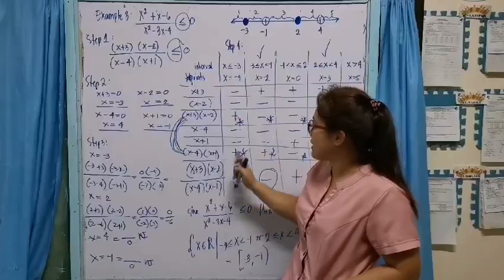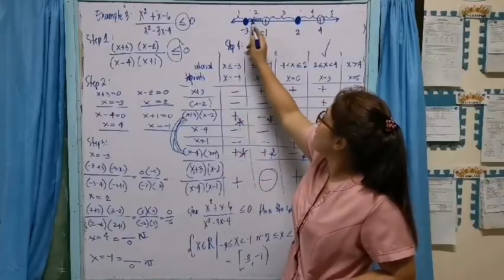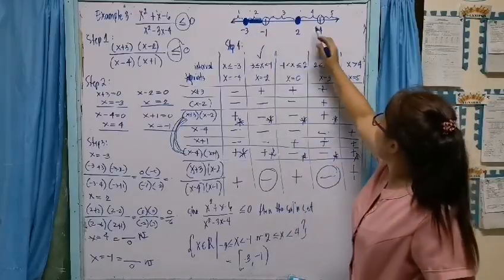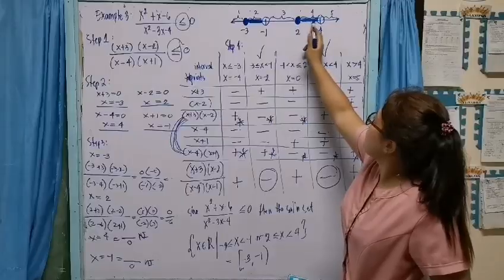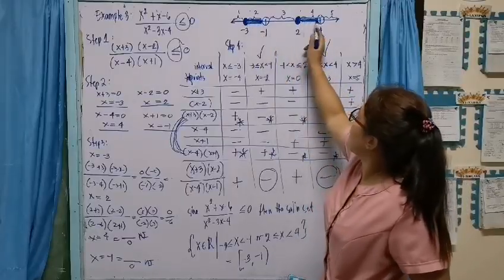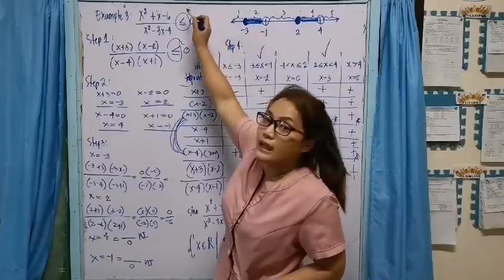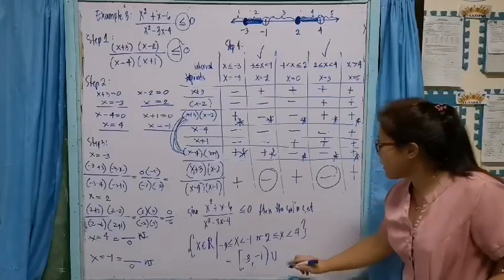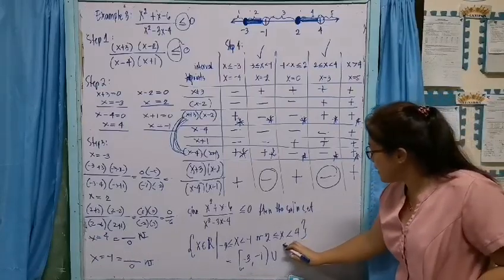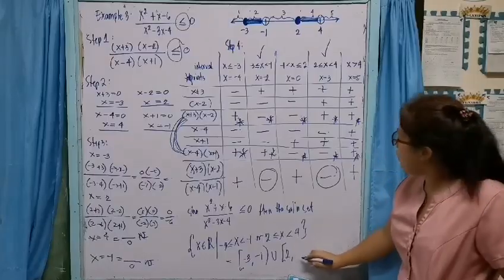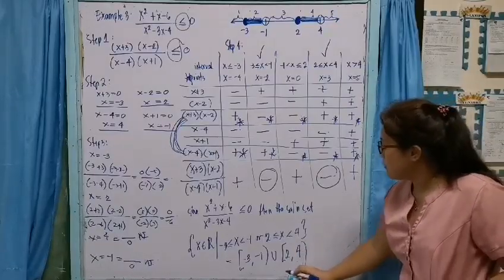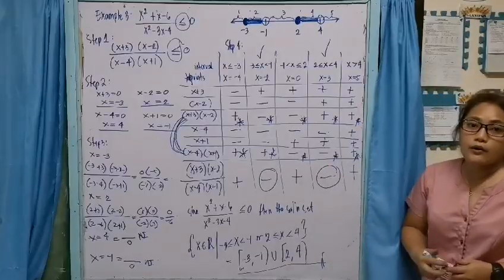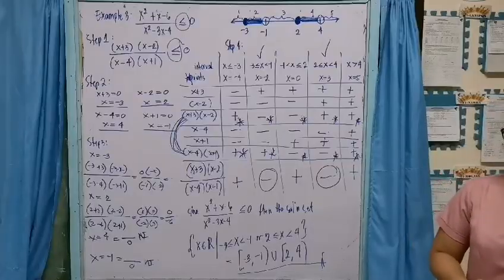These are the numbers that make the rational inequality true. 2 is included, and 4 is not included. So this is now the answer. This is the process and how you answer a rational inequality.